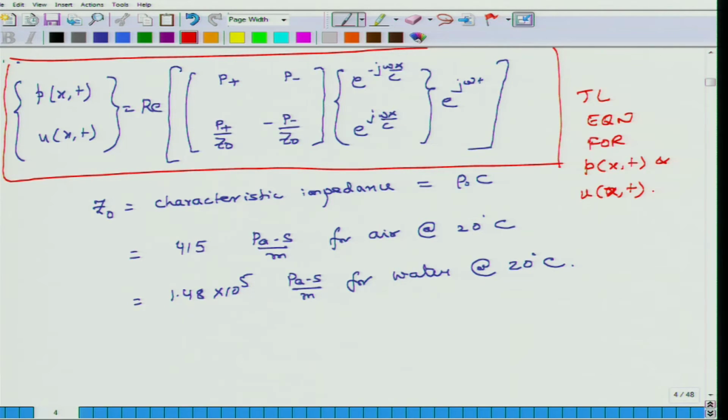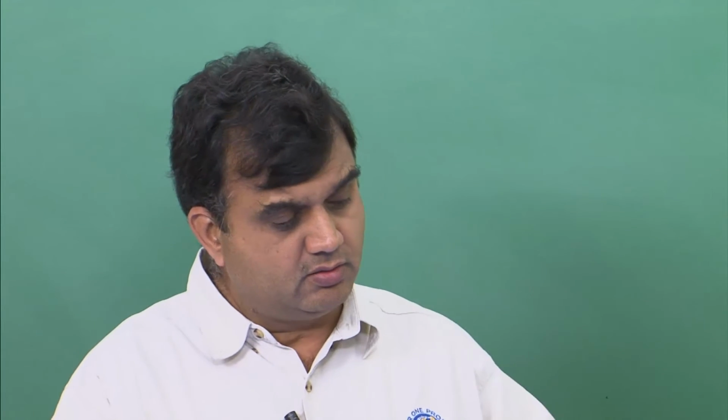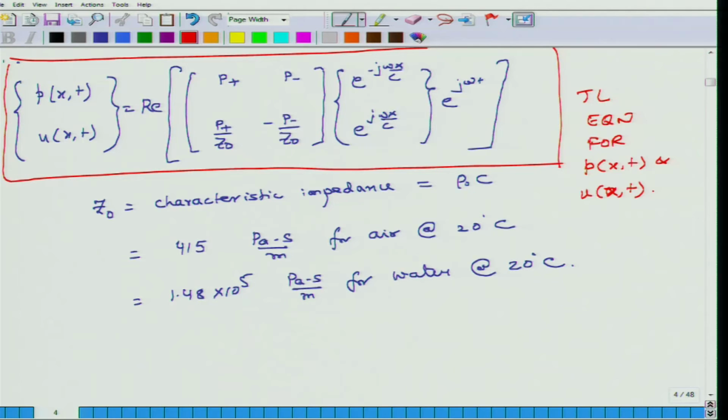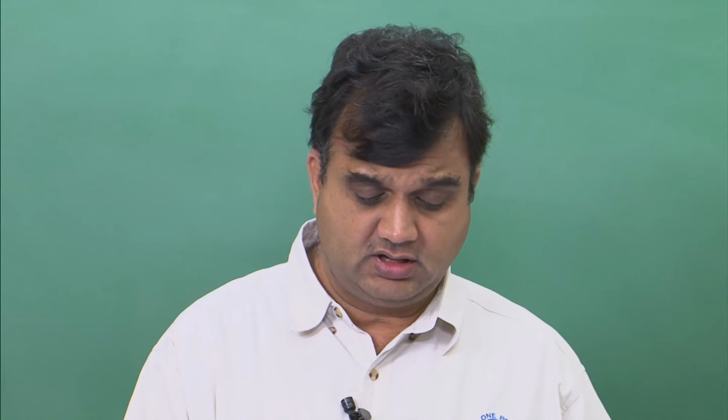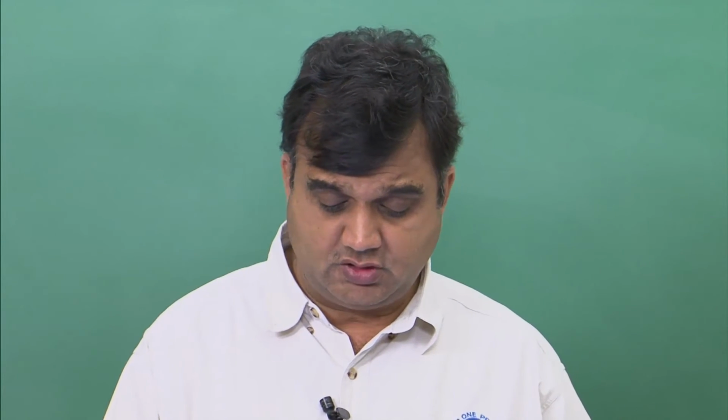So I think this is what we plan to cover in this particular module, and next we will look at several applications of these transmission line equations and learn a little bit more about them, and slowly we will develop this concept of impedance. This is the first time you are hearing this term impedance in the context of this course, and this particular impedance, which is rho naught c, is known as characteristic impedance.